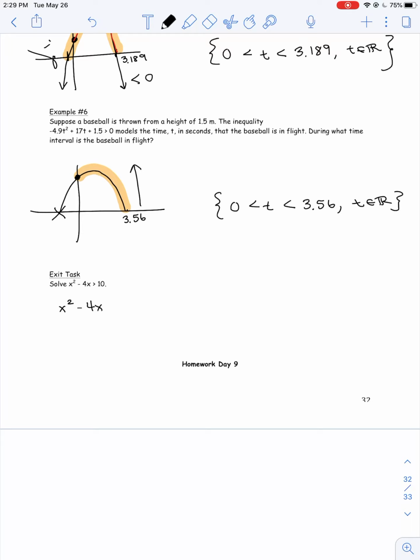The exit task, we're gonna move everything to one side of the equation first of all. So we're trying to find out where the graph is greater than 0. I'm going to factor it first. So I'm going to find two numbers that multiply to -10.